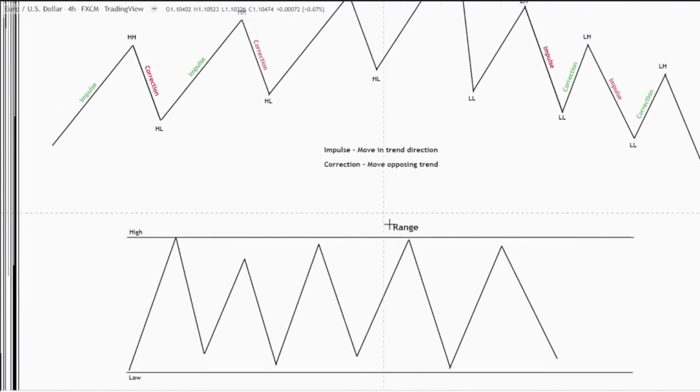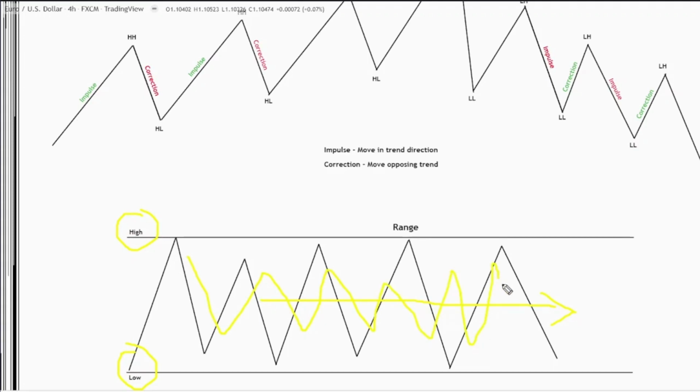Now in a ranging market, we neither have an uptrend nor a downtrend. What we have is a market that is moving sideways, and this market has one high point and one low point that seem to be bordering or keeping the market within itself, right?